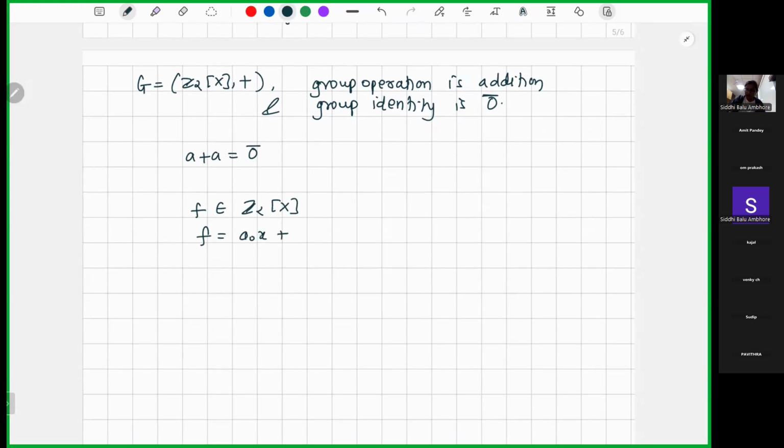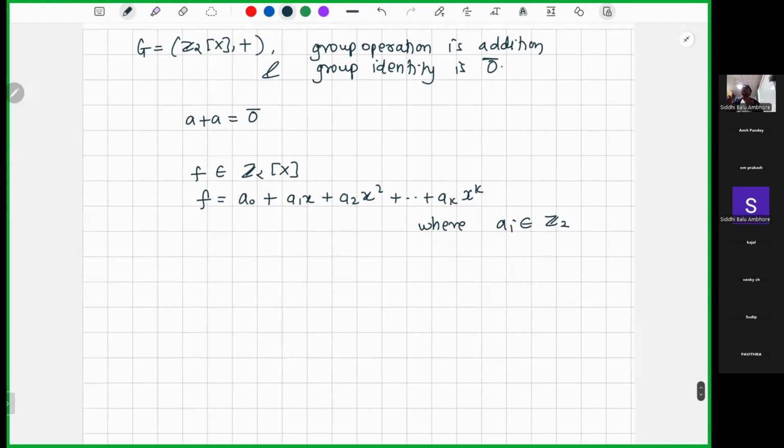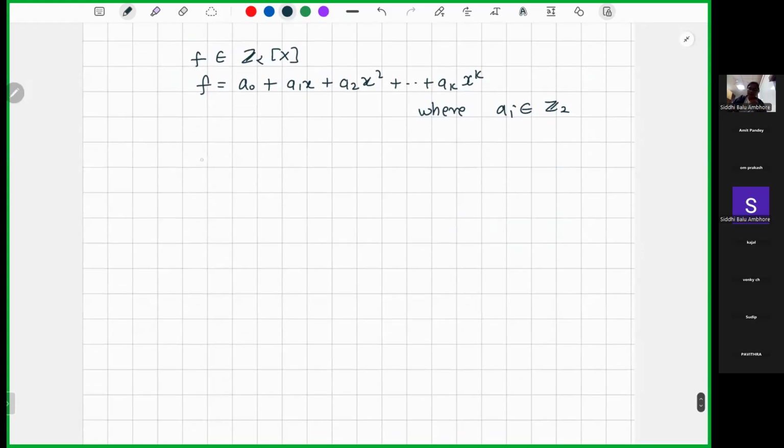A0 plus A1 x plus A2 x square, and so on, plus Ak x power k, where each Ai belongs to Z2. So this is either 0 bar or 1 bar. For example, one example here is 1 bar plus 0 bar x plus 1 bar x square plus 1 bar x cube.